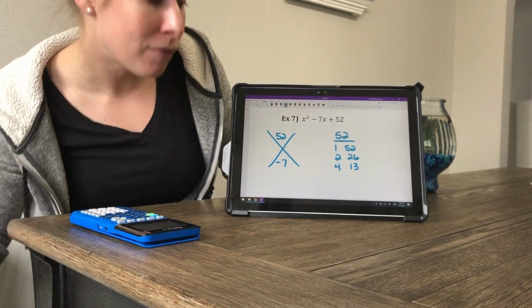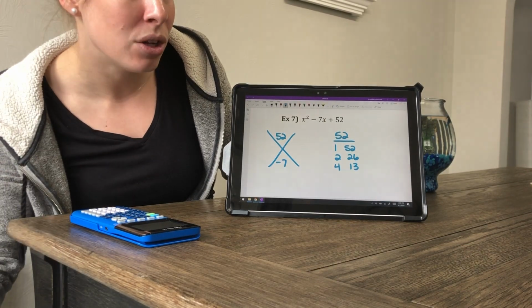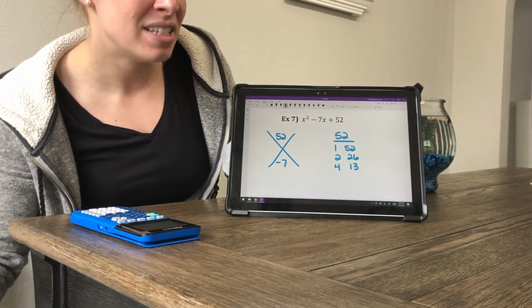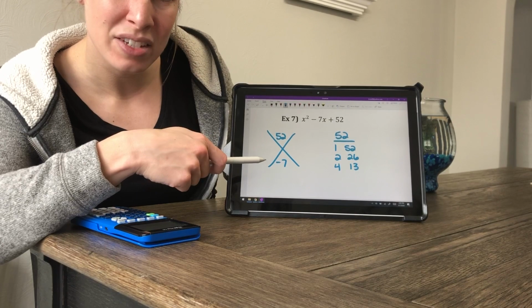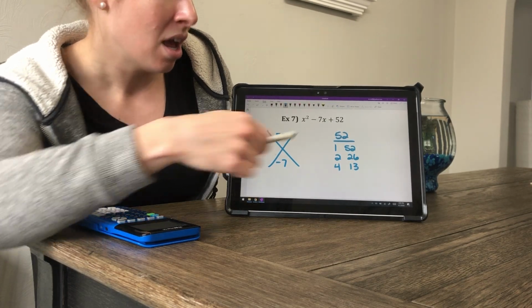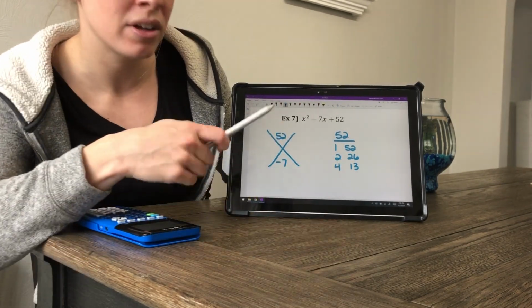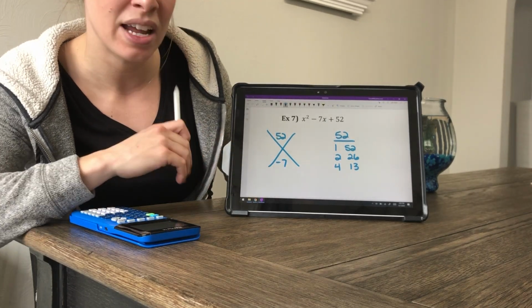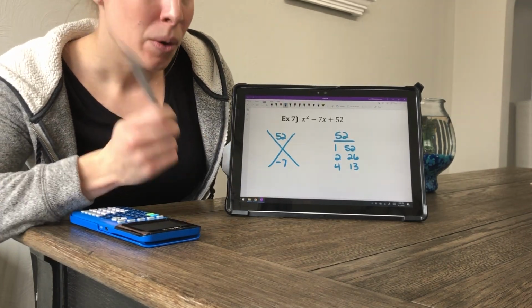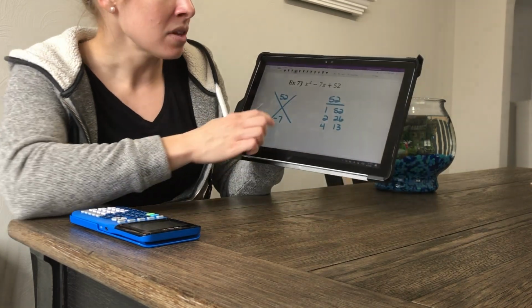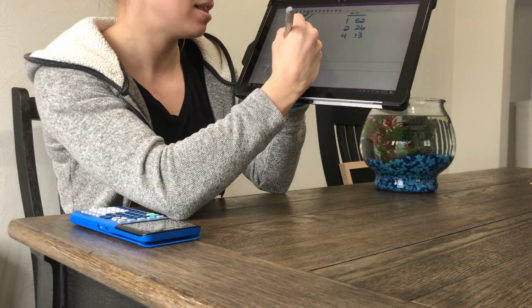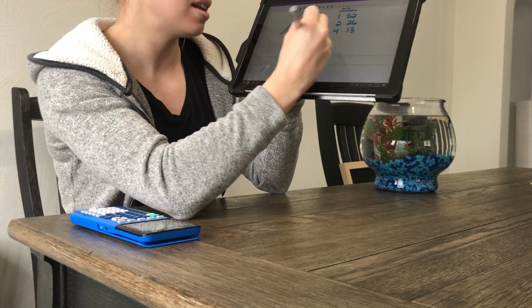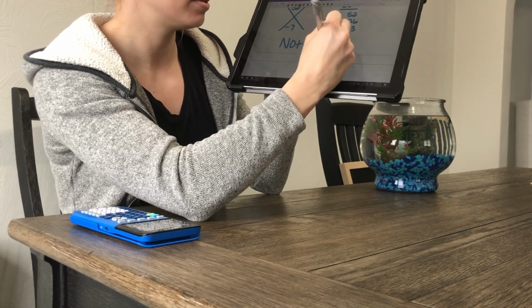If you do negative 4 plus negative 13, you get negative 17. That's not negative 7. We want negative 7. None of those combinations are giving us what we want. So what that means is that this trinomial is not factorable.